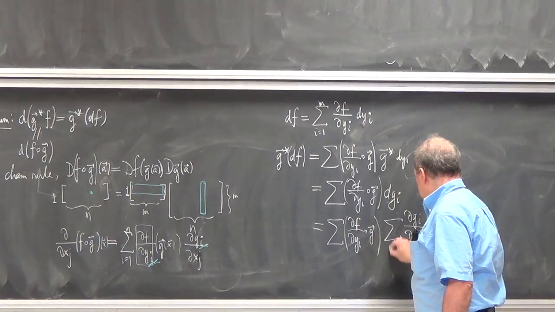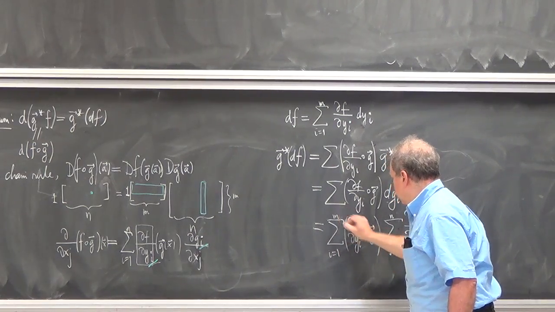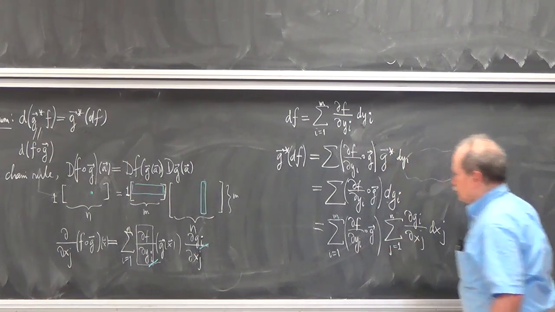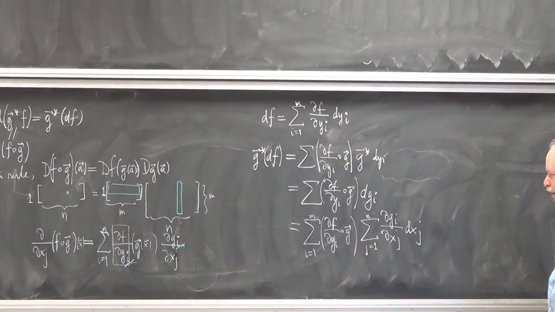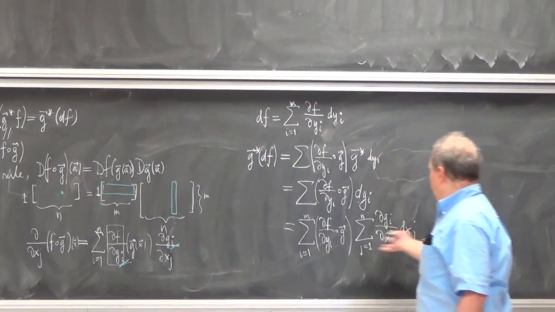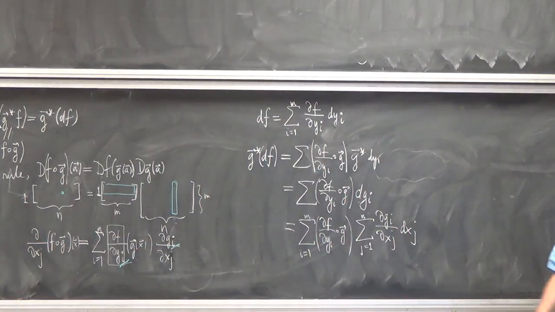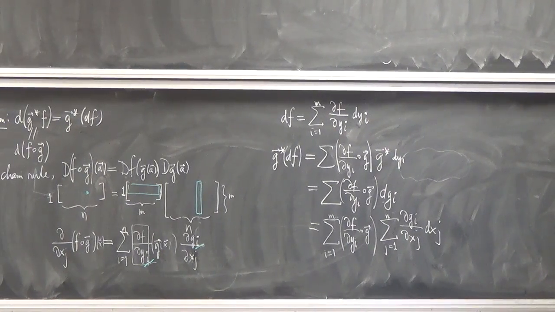So this is a sum on j, and this is a sum on i. How does this formula relate to what we have written down here? Hopefully they're the same. Well, they don't look quite the same.